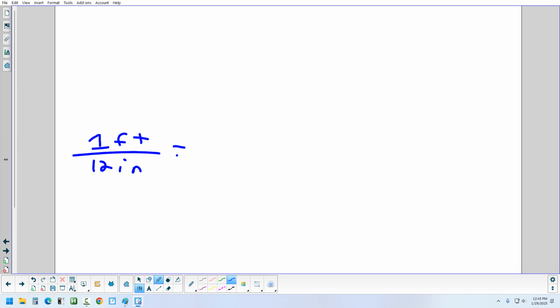So then I could come up with a formula: in x feet, there's y inches. If I cross multiply that, I get a formula I can use to convert feet to inches. Take the number of feet, multiply it by 12, and that gives you inches. If you want to convert inches to feet, you divide by 12.